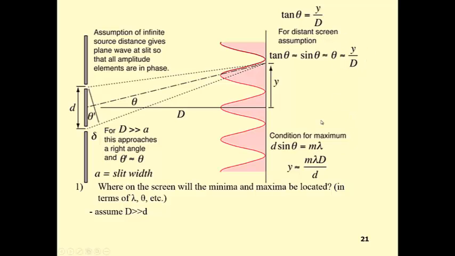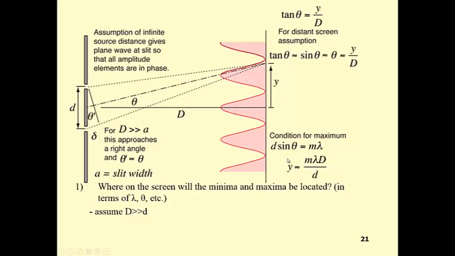And this is how we get an expression for a maximum. We say that d, our slit separation, times sine theta, which is approximately equal to tan theta for large distances, is going to be an integer number of wavelengths. Or if we rearrange that and make the assumption that sine theta is close to theta, then really we can say that theta is y on d.